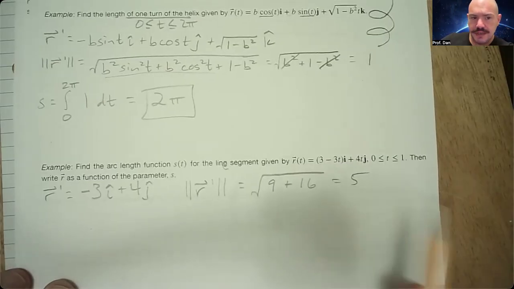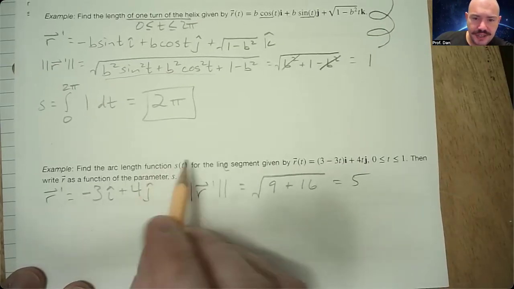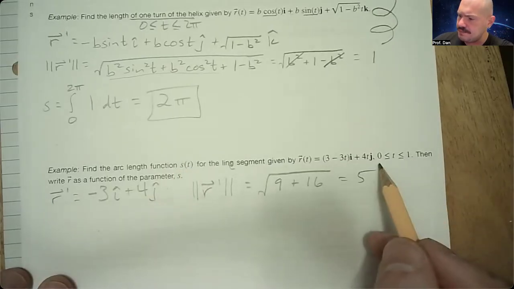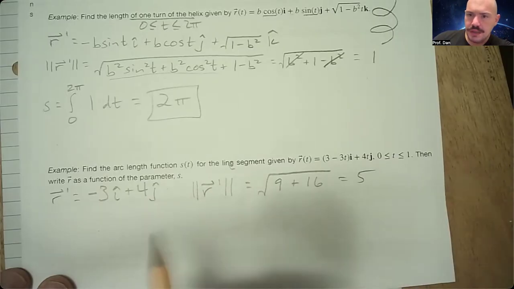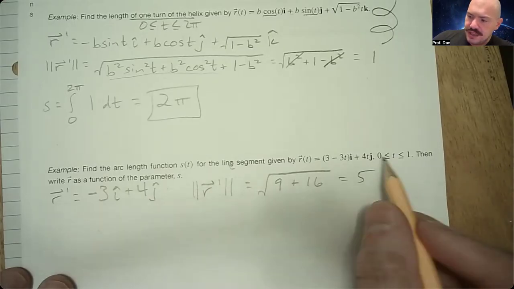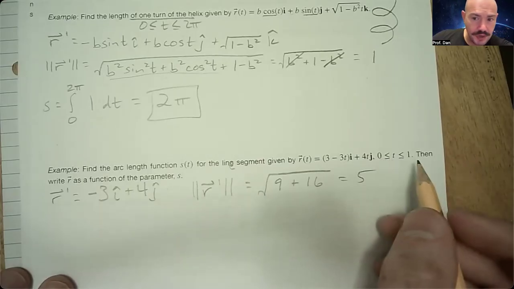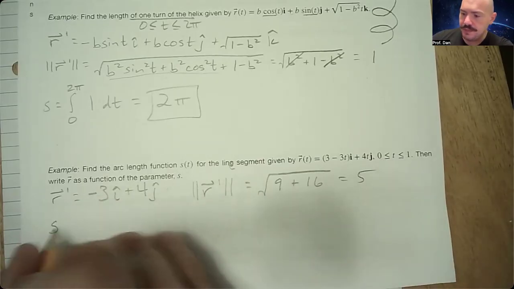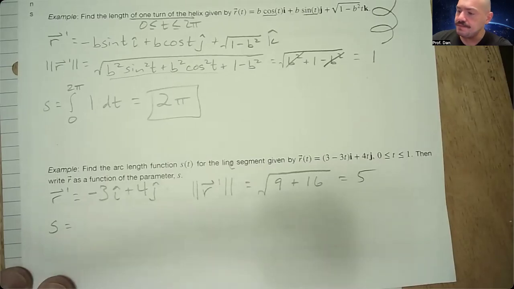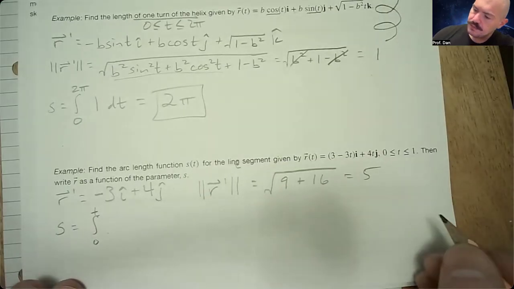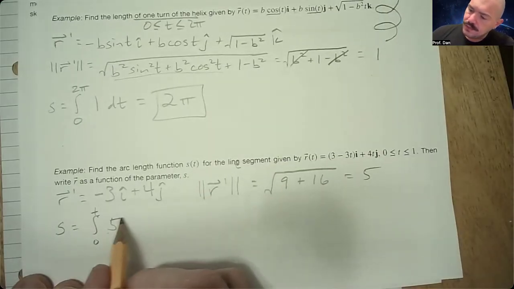That's literally it. Now, if I want to get my arc length as a function of my parameter t, I essentially need to take my starting value of t, which in this case is 0, and I'm not going to go up to 1. I'm going to go up to t. The integral of 5 dt'.